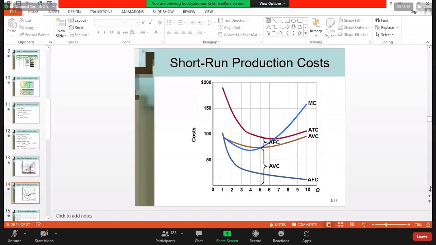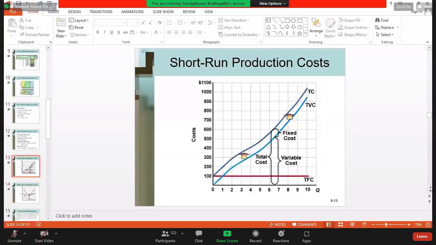Then after the intersection, marginal cost is above the average variable cost, so it increases. Likewise, when the marginal cost is below the average total cost, it declines. Then beyond that intersection point, marginal cost is greater than average total cost, so average total cost increases.